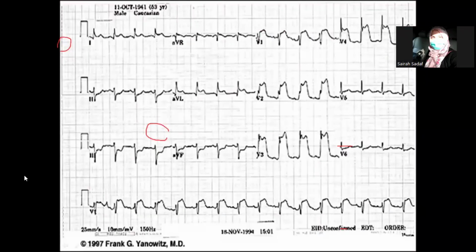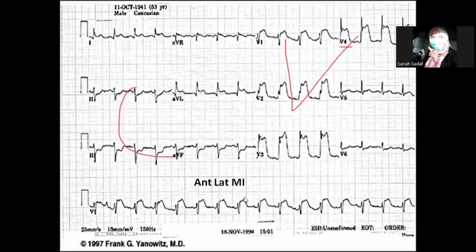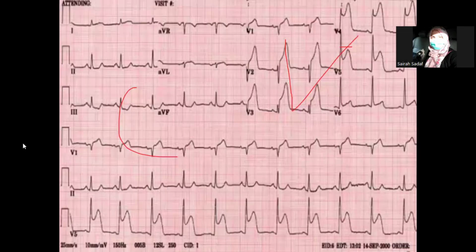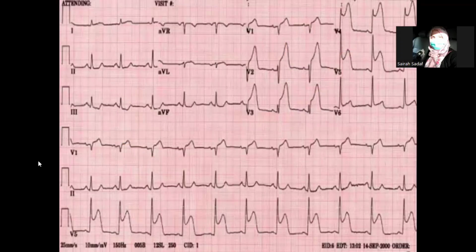Now, what is this? Mostly saying anteroseptal, and let's see whether inferior is involved or not. It's anterolateral. Sometimes there are reciprocal changes in the other leads, so it is more the anterolateral side that is affected. Now, which one is this?